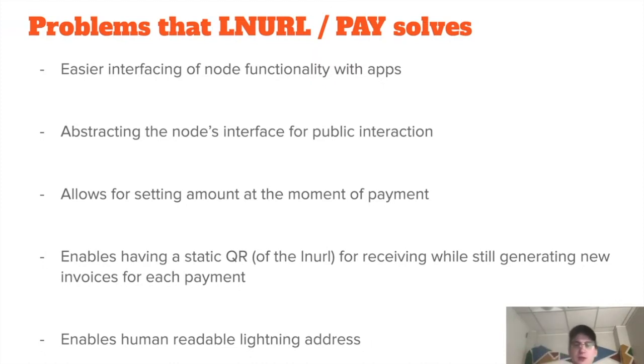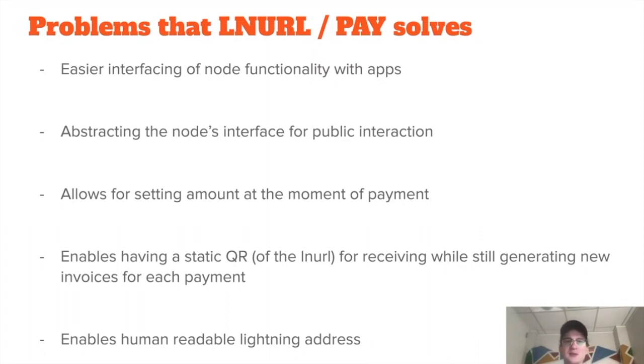This has traditionally been difficult, and is still difficult in some ways. Something that stopped people in the past a lot was that Lightning nodes usually communicate over TCP sockets, basically just another layer of the internet protocol, versus HTTP, the servers and APIs that we're used to, which most of the internet communicates over.